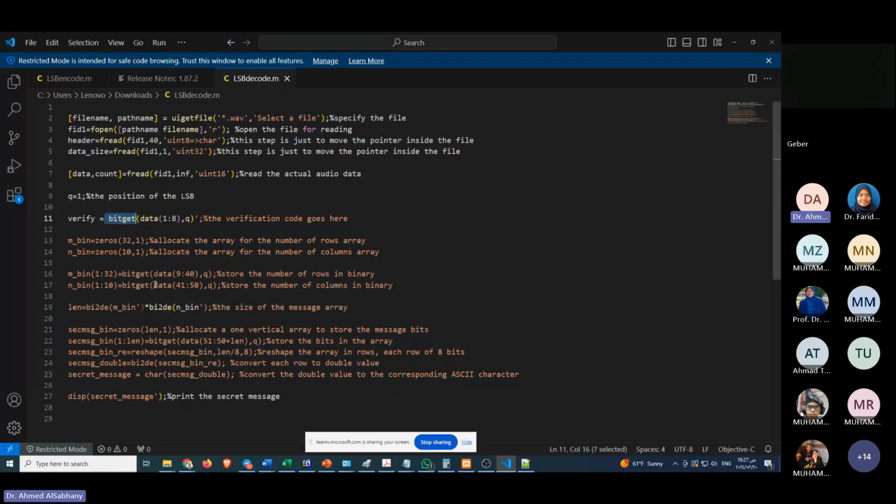It is as simple as that. We are just using the bit get after we read the audio signal, the Stego signal. Just reading the length of the file, and then we are using the verification. Maybe this one is missing some parts. But anyway, this is just based on the bit get function.